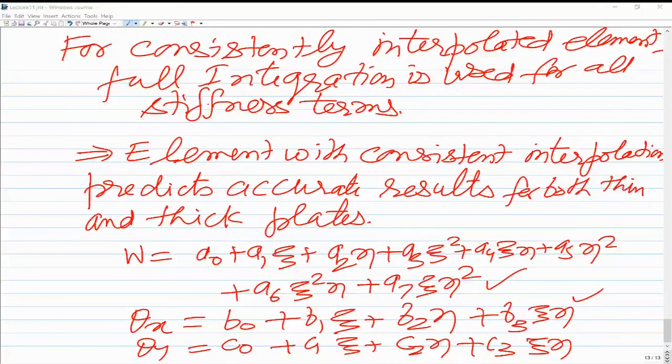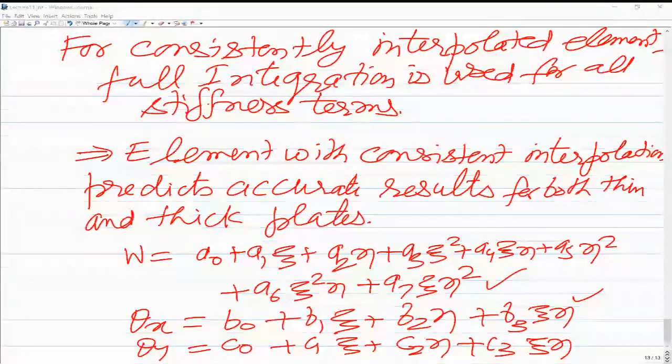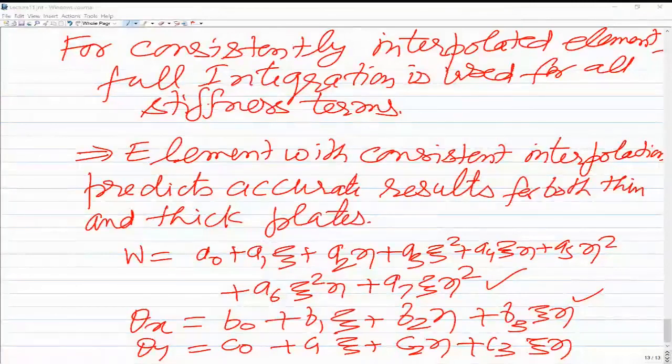But it has problems, as I told. We have already discussed the issues with thick plate problems if we are taking an under-integrated element. But in the case of the consistent interpolation element, if you are developing your own program, you have to have different sets of degrees of freedom at different nodes, and you have to take care of that in the assembly and everything.